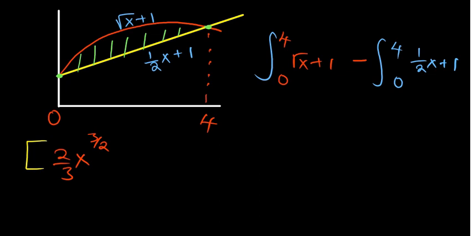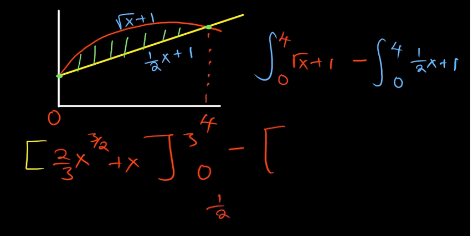Now here, since we are subtracting, let me try to show it for a sec. So integral of 1 is x. Use the same color there. So plus x, from 4 to 0, minus the other part. The integral of half of x is what? So how do you integrate? Increase the power by 1.